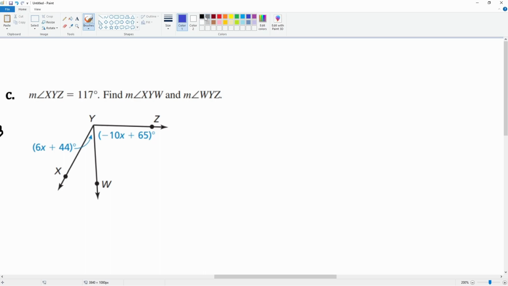Let's look at C here. This entire angle XYZ is equal to 117. This angle XYZ is made up of two smaller angles. You have XYW, which is this one, plus the smaller angle WYZ.